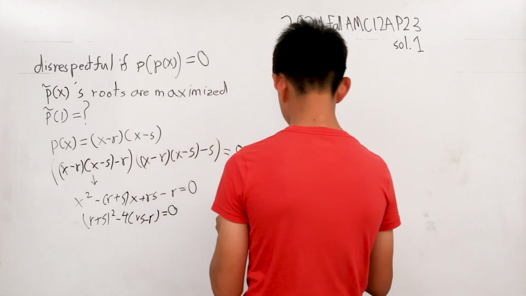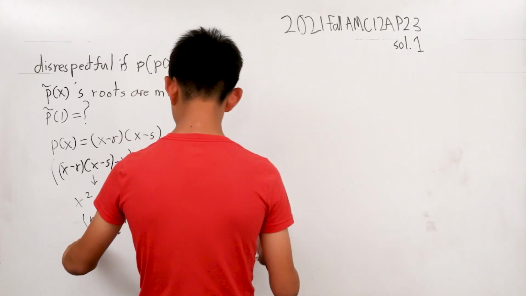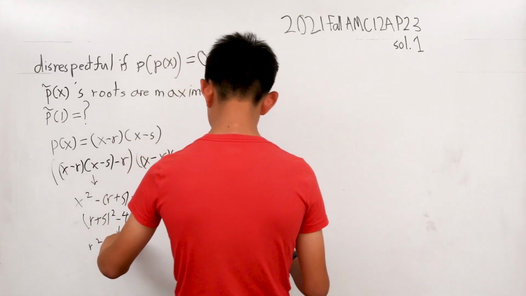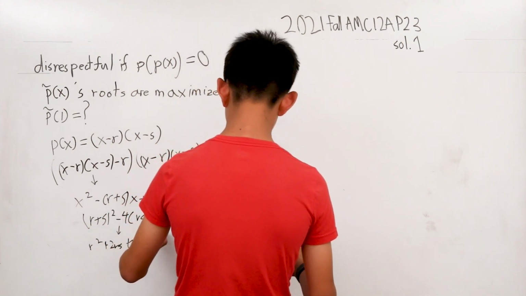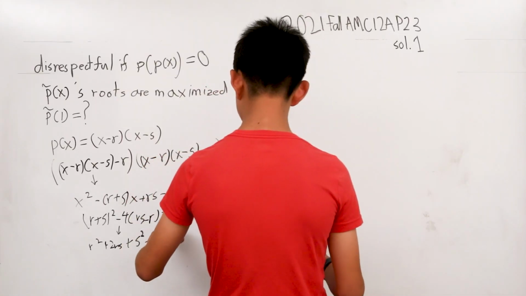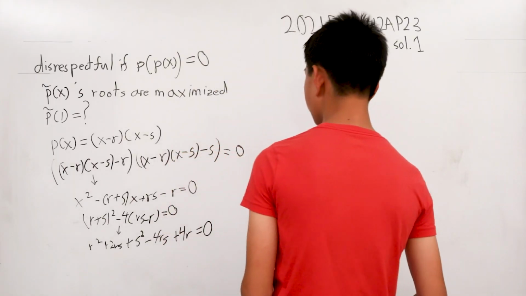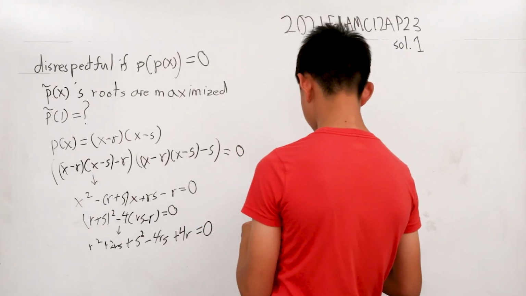So we have that. Now, expanding, we get that this is equal to r squared plus 2rs plus s squared minus 4rs plus 4r equals 0. And we can further simplify this down with these terms.